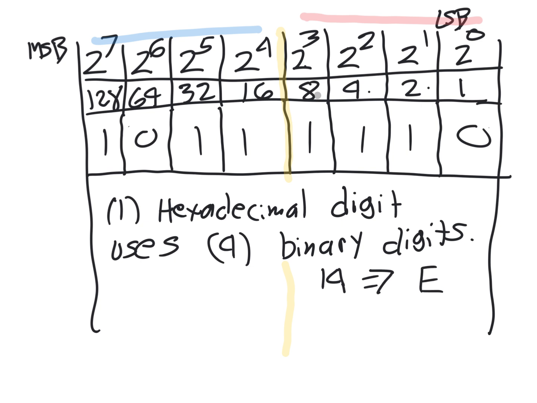Now we come over to the other side. These weighted numbers are for the entire 8-bit sequence, but in hexadecimal you're only working in four digits on their own. So this is going to be 1, 2, 4, and 8.